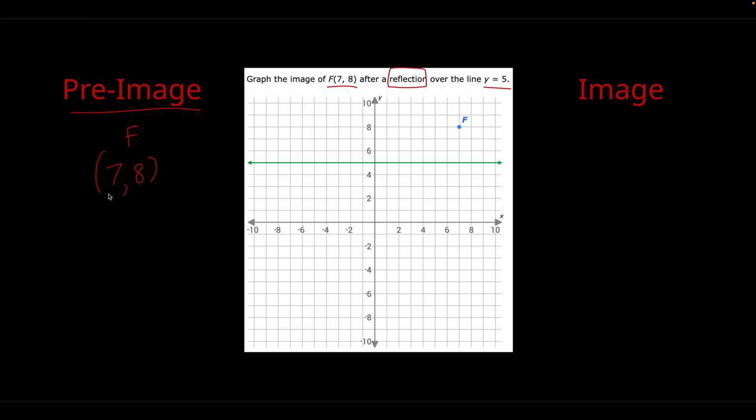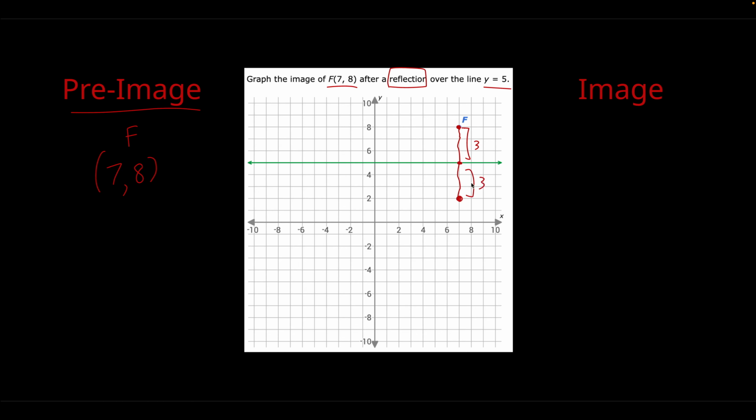Okay, it's the before. The way you reflect this is you put your pencil right on F, and then we're going to count the boxes to the line of reflection. So 1 box, 2 boxes, 3 boxes. So from here to here is 3 boxes. And then now we're going to count the same amount of boxes, 3 boxes, in the opposite direction. 1, 2, 3.